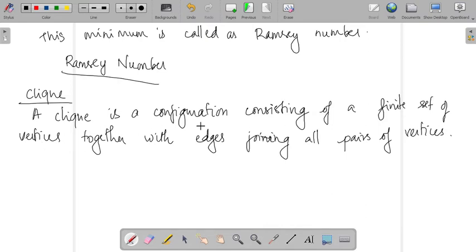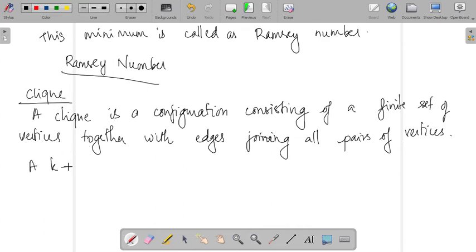So by clique you mean the configuration just consisting of a finite set of vertices together with edges joining all pairs of vertices. So it is a complete graph. So clique എന്ന് പറഞ്ഞാൽ basically you mean it's a complete graph.